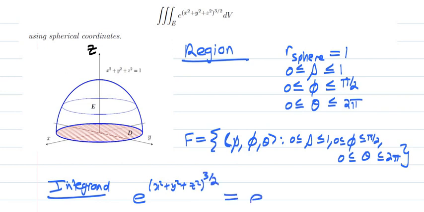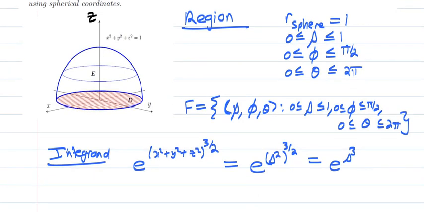But when we go to spherical coordinates, we do not want to see x, y, or z. We know that x squared plus y squared plus z squared equals rho squared. Remember, that's one of the useful facts you've got to remember. And e to the power (rho squared) raised to the power 3 over 2 becomes e to the power rho cubed. So the integrand in terms of spherical coordinates is e to the power rho cubed.